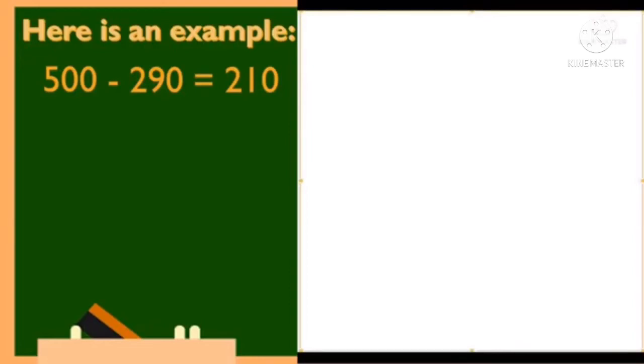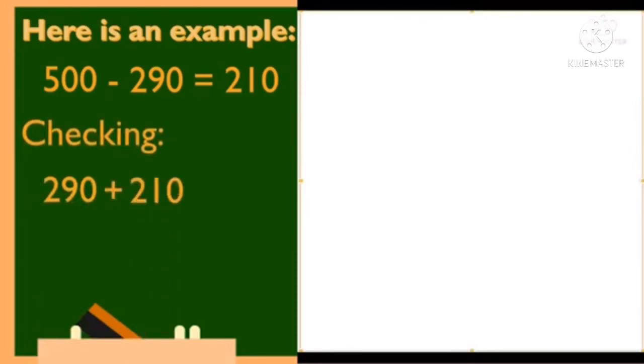How? For example, this one, 290 plus 210 is equivalent to 500. See, different positions, different operation. Still, we can use the 3 numbers.